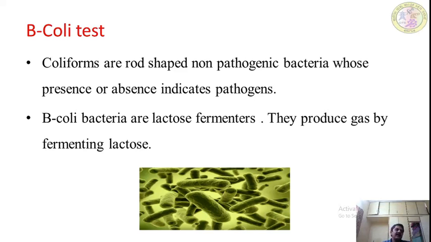Testing for the bacteria which are pathogens, that is, disease causing bacteria, is difficult. The presence of pathogens in water is difficult to find. So instead, we find the presence or absence of the coliform bacteria, which are non-pathogenic and not harmful.